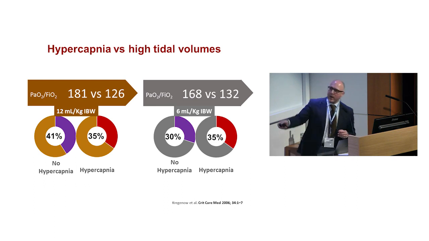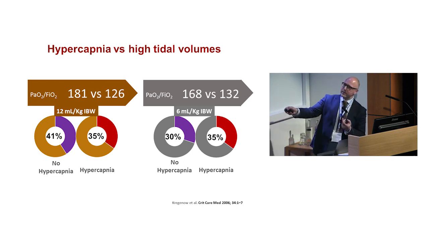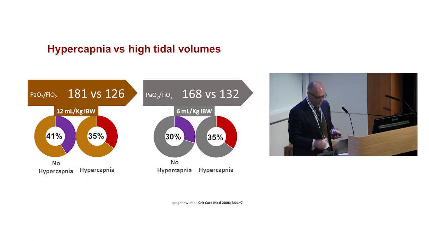Essentially, otherwise you should ventilate them even harder. And here the risk of ventilating them really hard is greater than the hypercapnic. So the mortality is reduced. Well, when you already treat them quite gently, then you can see almost the reverse is true. Having hypercapnia, statistically not significantly, but it will marginally increase mortality.